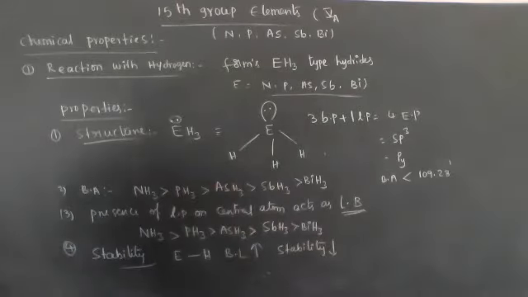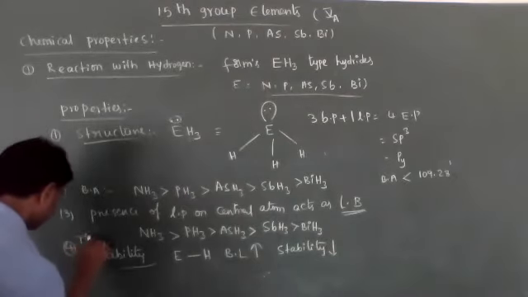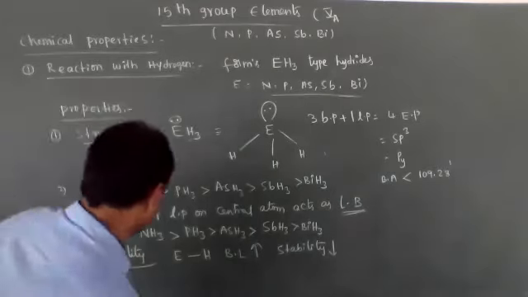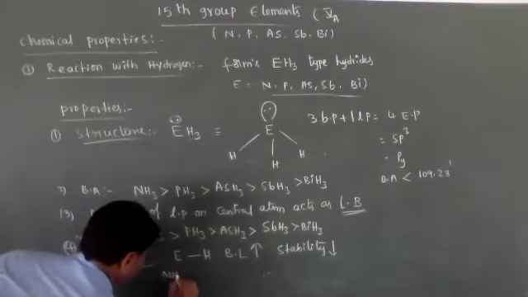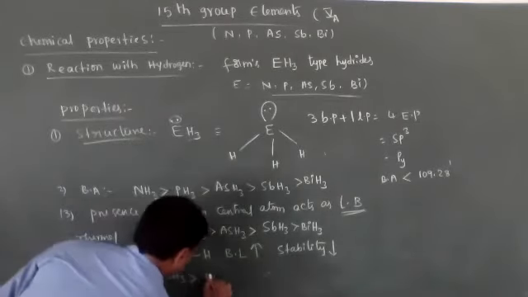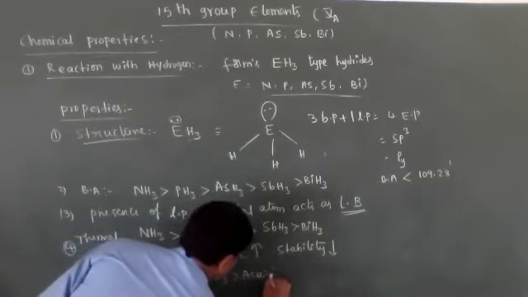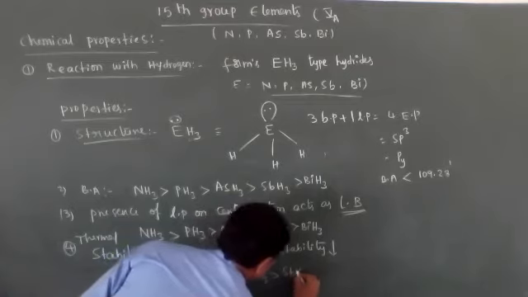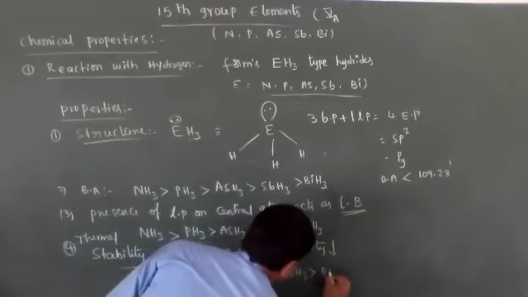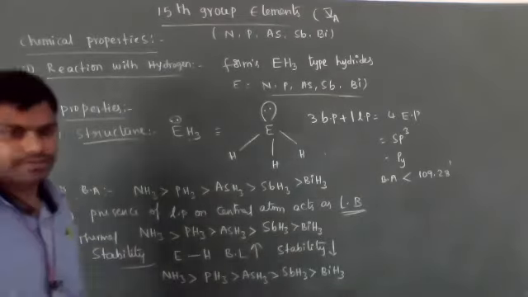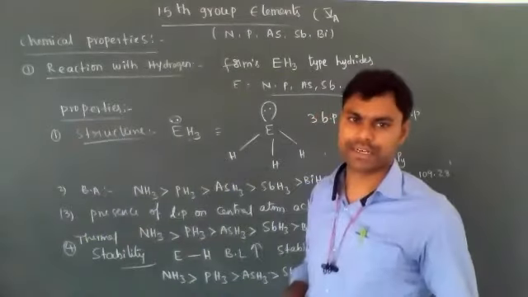That's why the thermal stability of NH3 is more, and then PH3, and then AsH3, and then SbH3, and then BiH3. Thermal stability order is also a very important one. Okay, this is about thermal stability order.